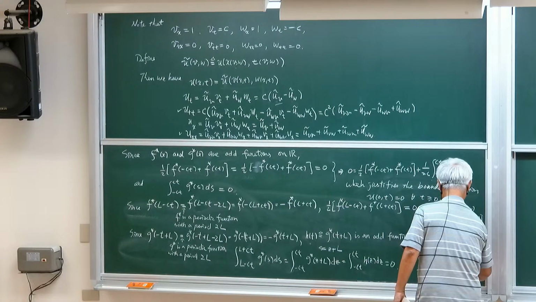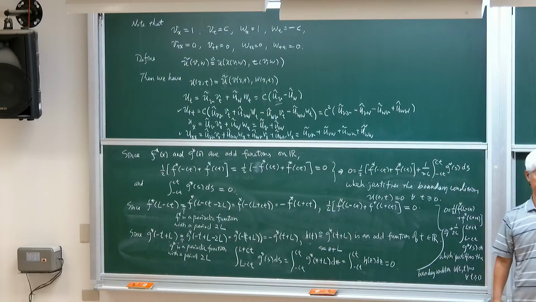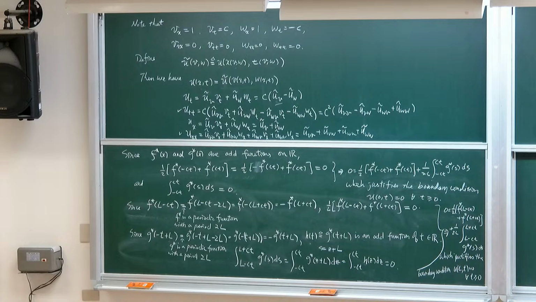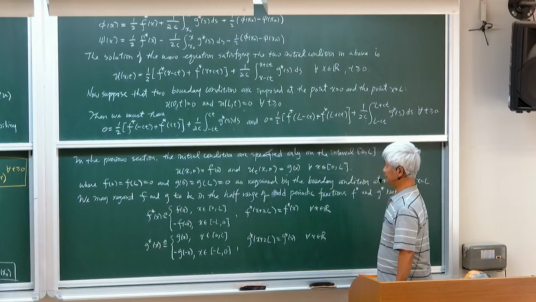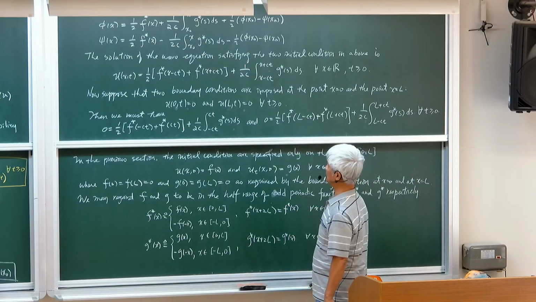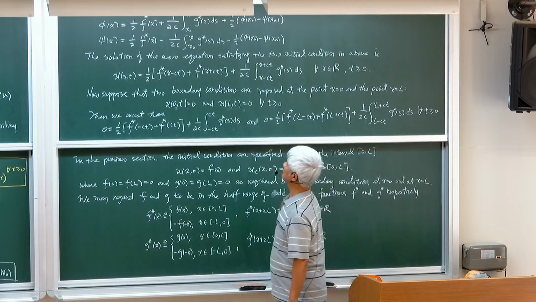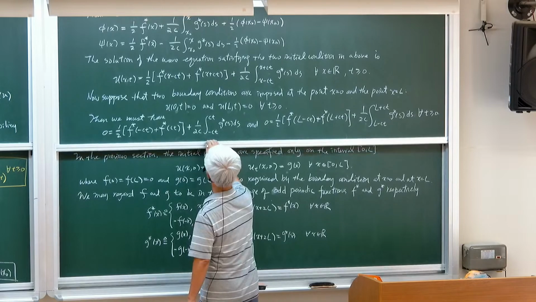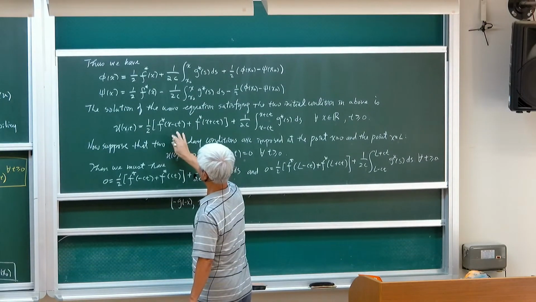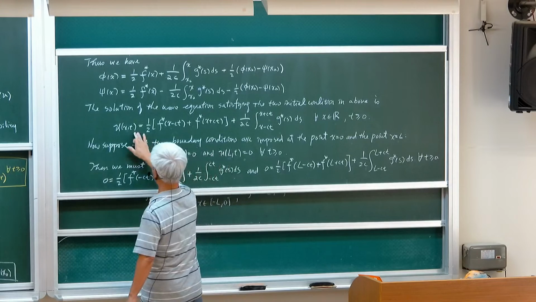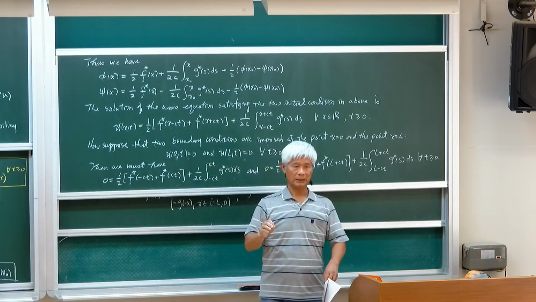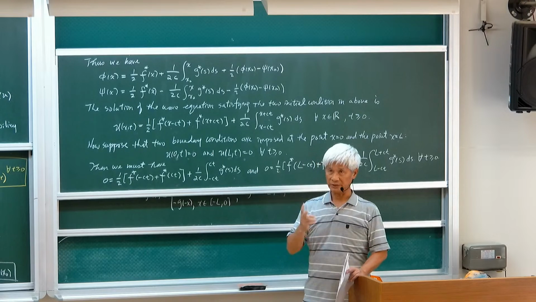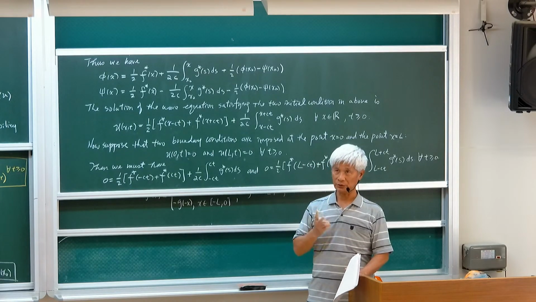That u(L,t) is 0 for all t greater than or equal to 0. Okay, so indeed, we have that one. So the solution, the d'Alembert solution here, would be the solution of our wave equation with the 2 initial conditions and 2 boundary conditions.